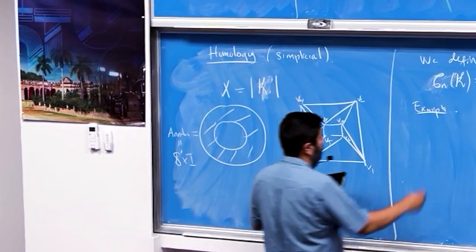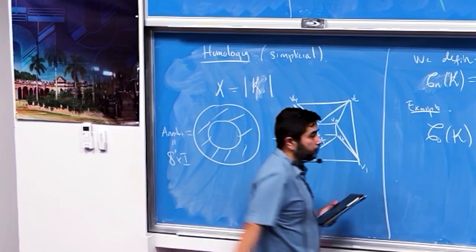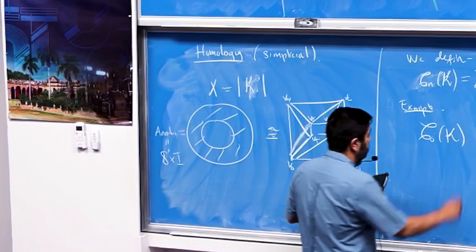So when we talk about C0 of K, we meant the sum.